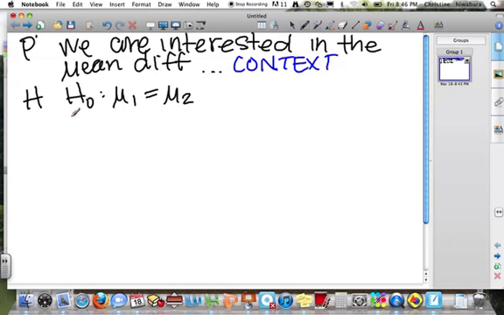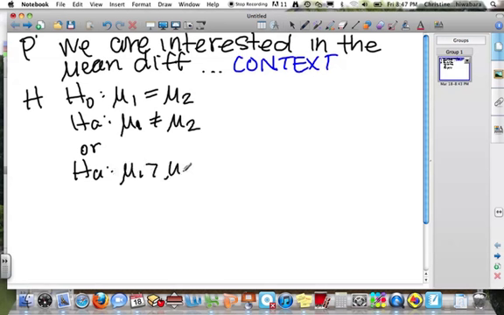And so you're testing this against an alternative hypothesis that mu1, say, in a two-sided test, is not equal to mu2. All right? Your other types of alternative tests can say HA is mu1 is greater than mu2, or you could say in your alternative hypothesis that mu1 is less than mu2.